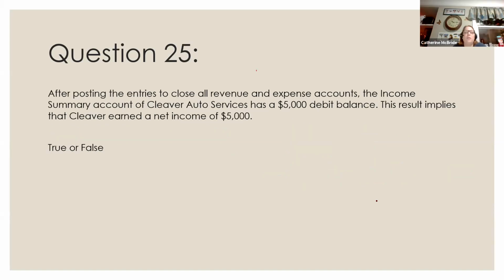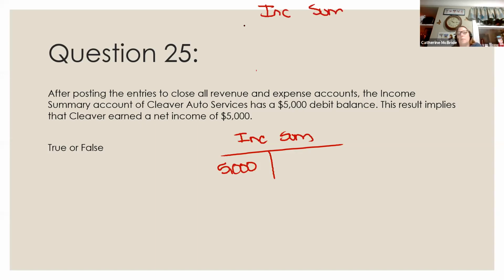After posting the entries to close all of the revenue and expense accounts, the income summary account of Cleaver Auto Services has a $5,000 debit balance. So here is income summary, with a $5,000 debit balance. Remember that with income summary, revenue is a credit and expenses are a debit.